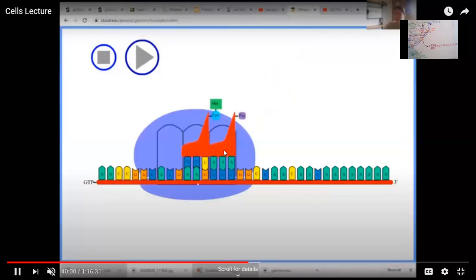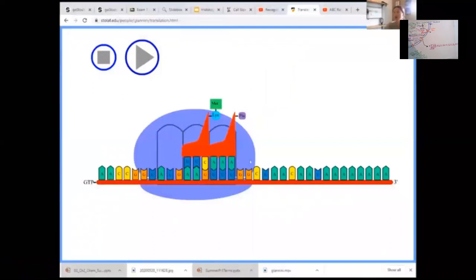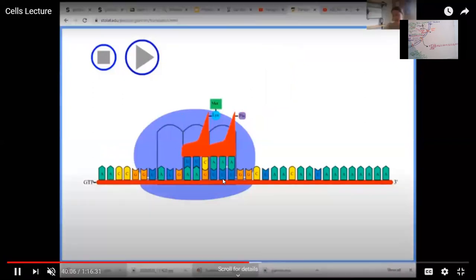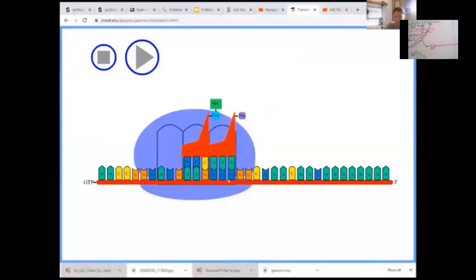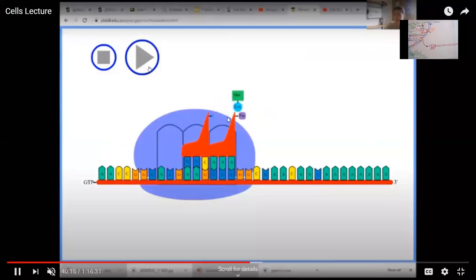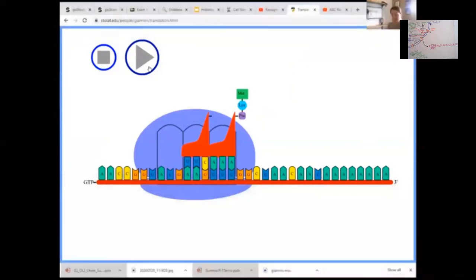A new tRNA is going to arrive in the ribosome, again based on this codon. And once again, the ribosome is going to catalyze a reaction between the last amino acid and this amino acid. So what we are doing is building up a chain of amino acids, which, as we know from our biochemistry lecture, is a protein.